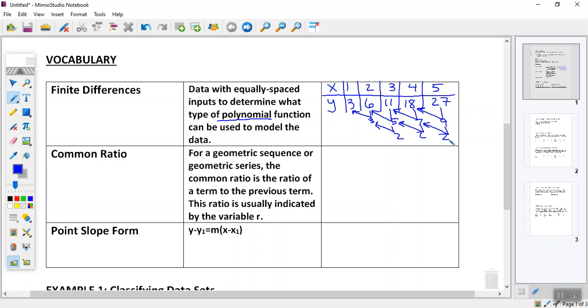Degree 2. So since row 2 is the same, I'm going to say on the right, this models a second degree function.